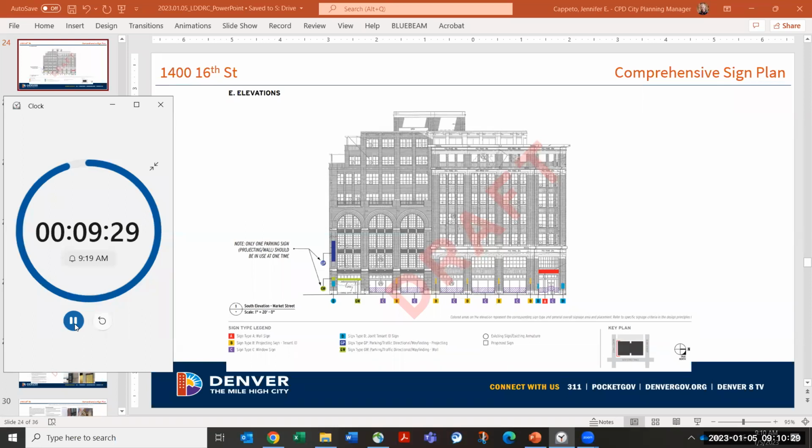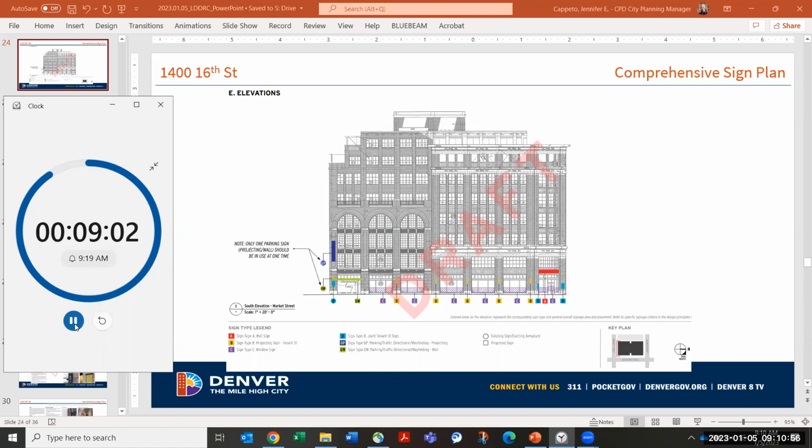As they get more tenant turnover, especially along that 16th Street, just to have some sort of guidelines in place, I think this will be really helpful for the building owner and future tenants. And really the only thing I wanted to talk about were the existing sign brackets. Every single doorway has an existing bracket, and there are a handful of existing projecting sign brackets.